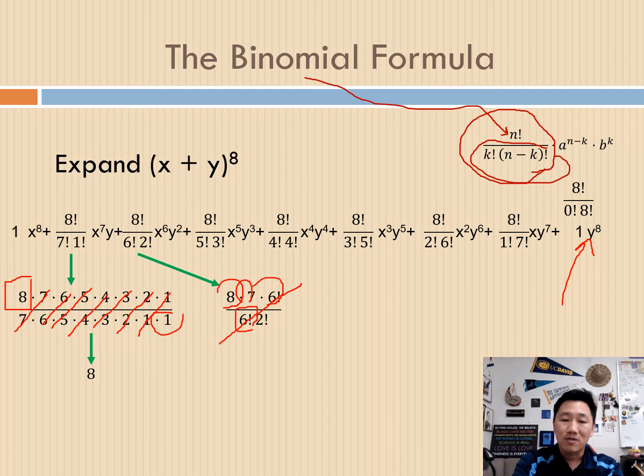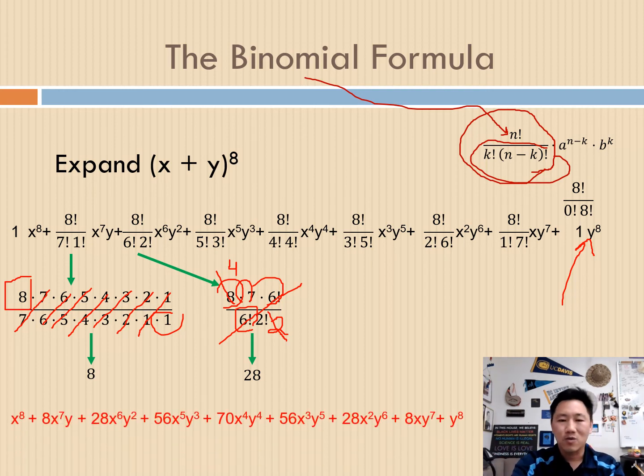And then you just have a 2 factorial, which is the same thing as 2 times 1, which is just 2. And then from there, you can do a little bit of math. You can do 8 reduced with the 2 to get 4 and 1. And then 4 times 7 is just 28.